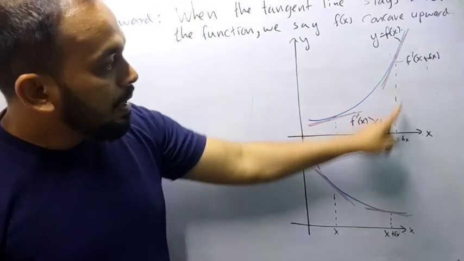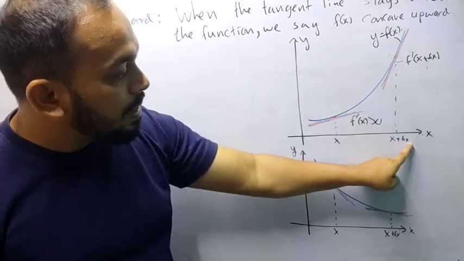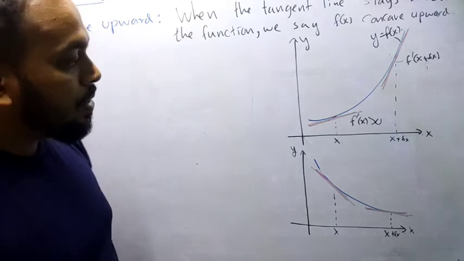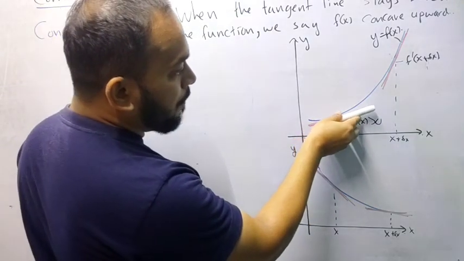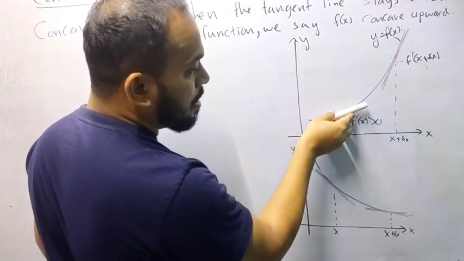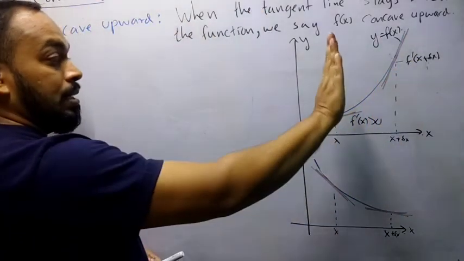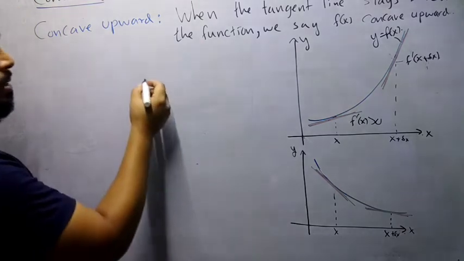You can see this is f prime at x plus delta x, and this is f prime at x. Now what you can see here is that if the function is increasing in this way, your tangent also increases. So what does that tell us?